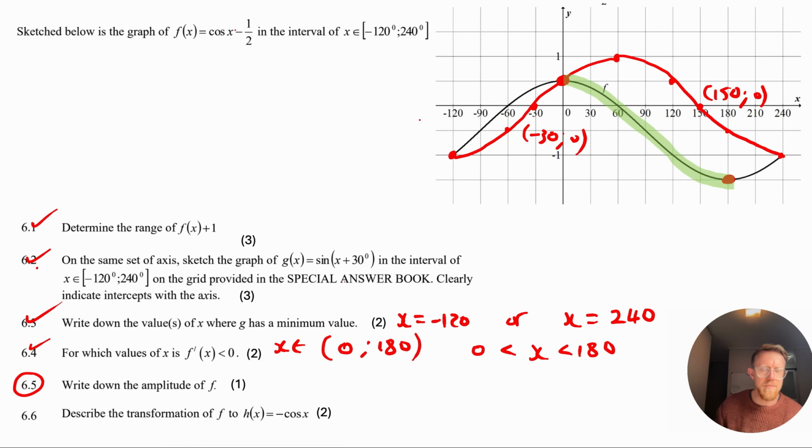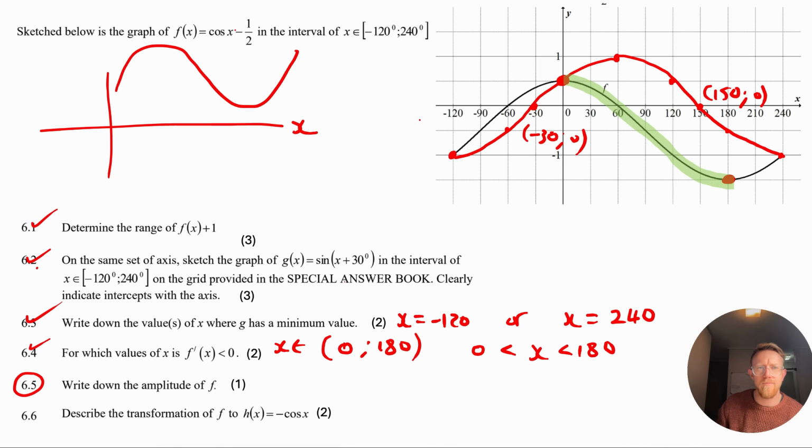6.5 says amplitude. Now amplitude is, if you have a graph, let's say we've got an x-axis here, but let's say your graph is all the way up here. And let's say this is a value of 4, and this is the value of 5, and then the lowest value would be at a value of 3.